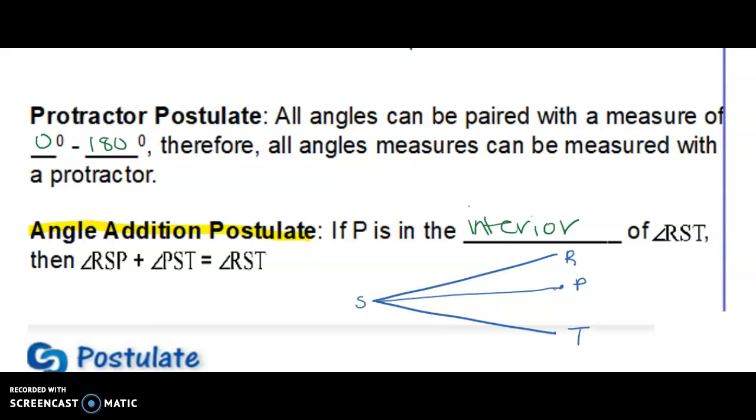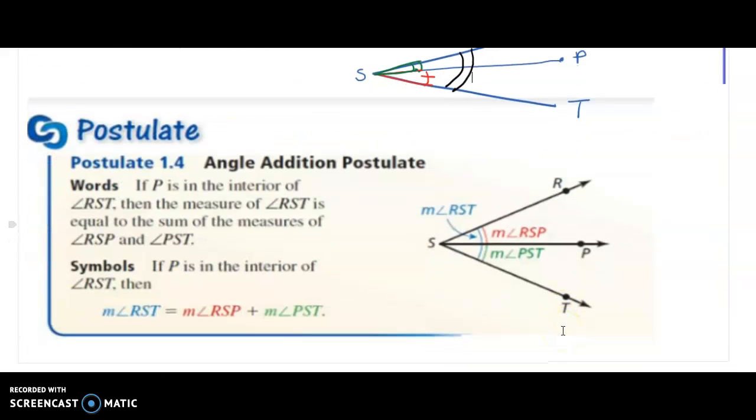So this postulate tells us if this is the scenario we have, then angle RSP, so this angle, plus angle PST, this angle, is going to equal angle RST, so this whole angle. So if we take the 2 parts of the angle, add them together, it equals the whole angle. And here's just kind of a visual of that.